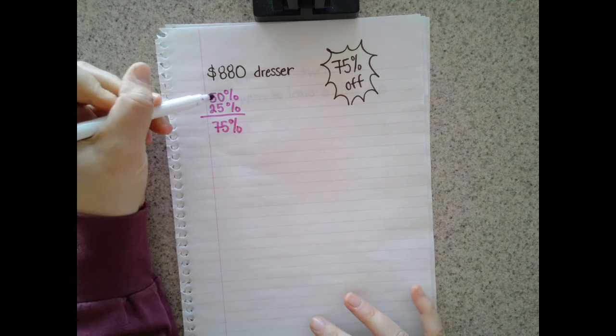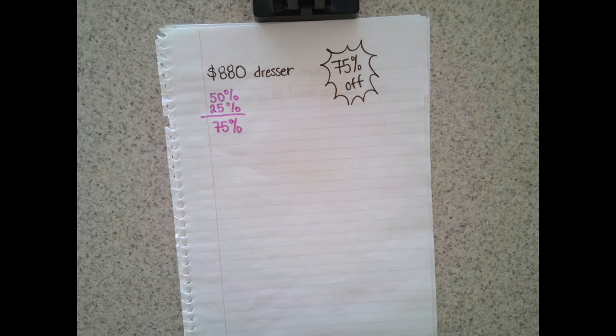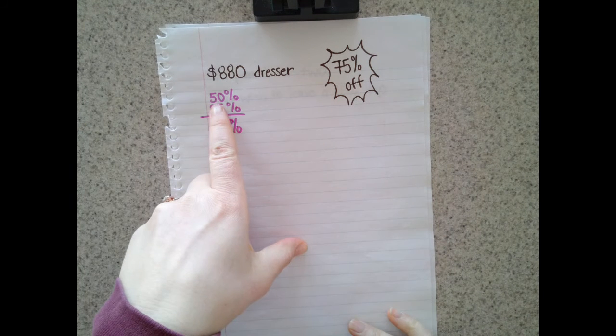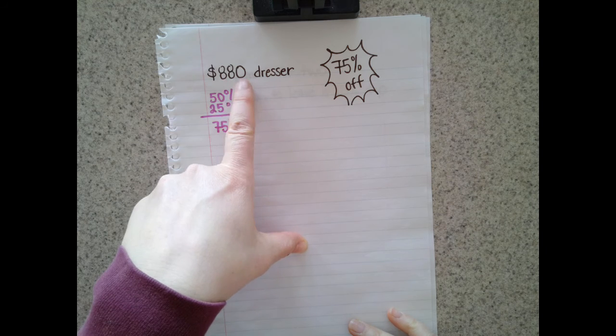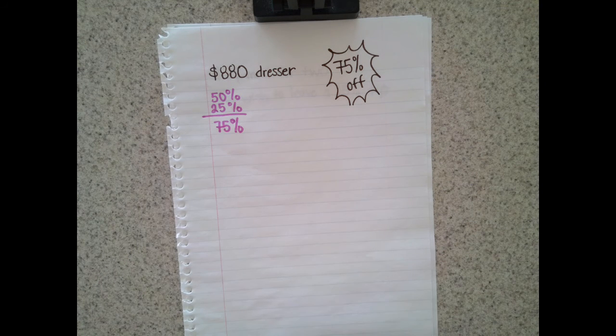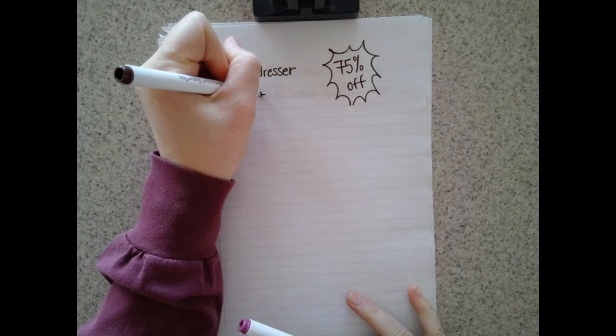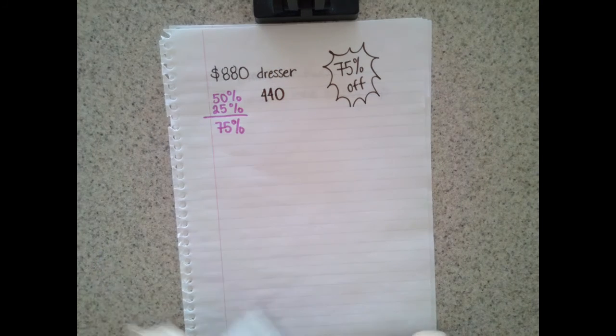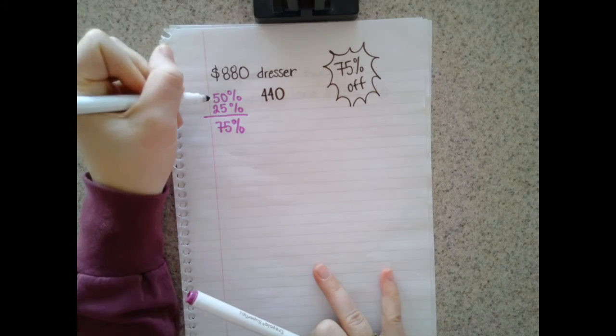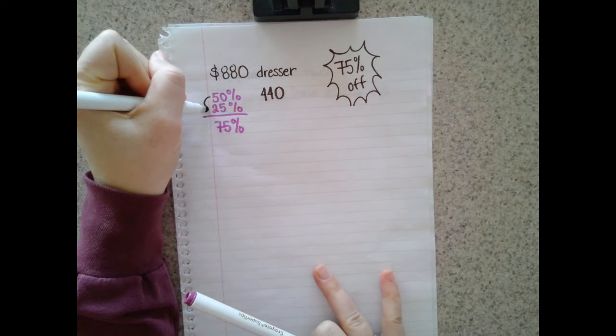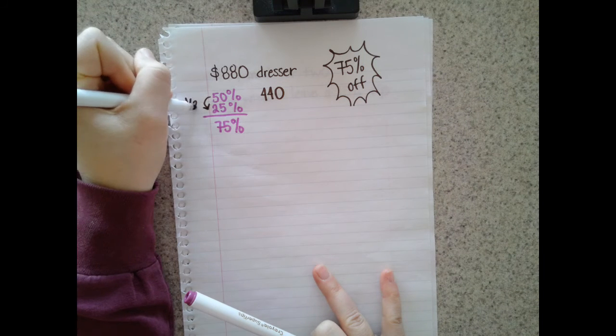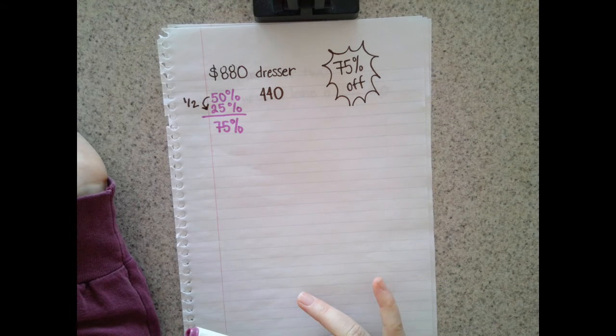Why does breaking it up like this make the problem easier? Well, 50%, we just did an example like that. When you're taking 50% of a price, you just cut it in half. What's half of 880? Half of 880 is 440. Okay, also 25 is half of 50.